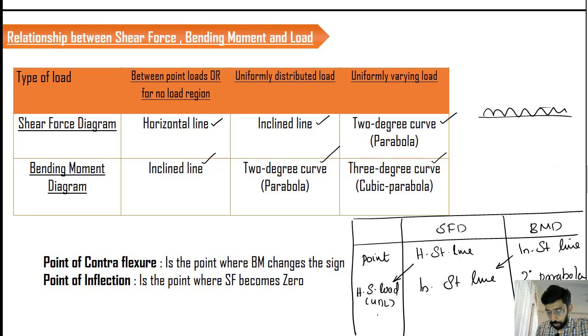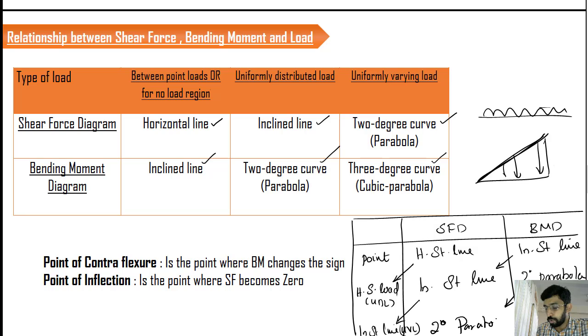So what is the third type of loading? Inclined straight line loading, or it is called UVL, because UVLs are generally shown like a triangle, right? So this is an inclined straight line loading. So the shear force is going to be a 2nd-degree parabola, and the bending moment is going to be a 3rd-degree parabola. In this way you can easily interconnect the shapes.